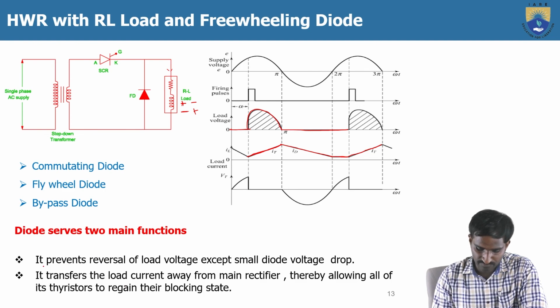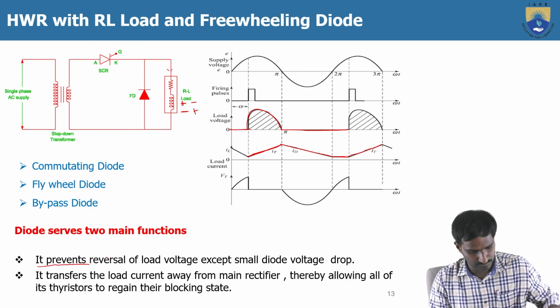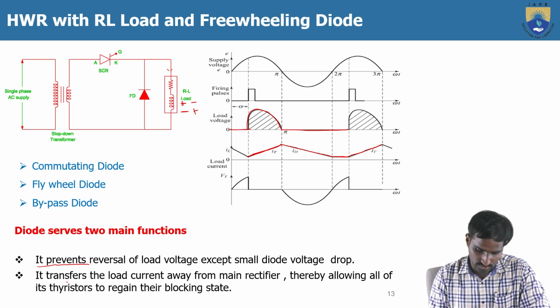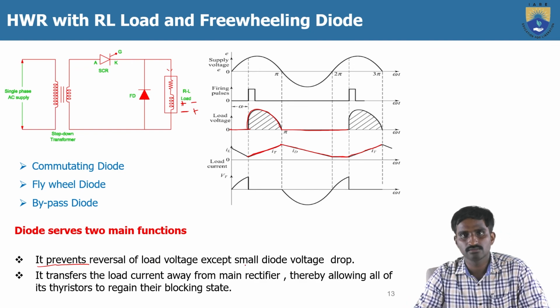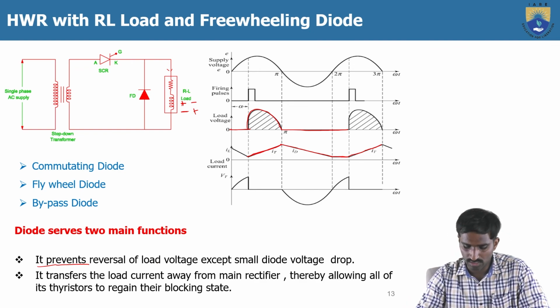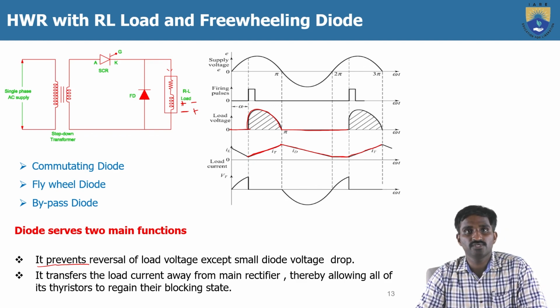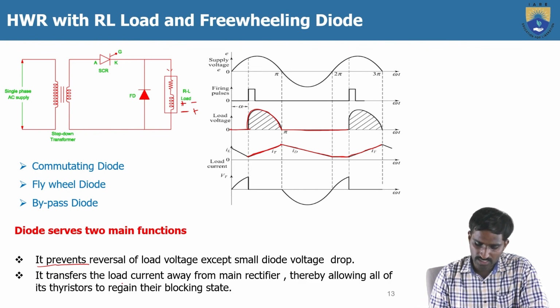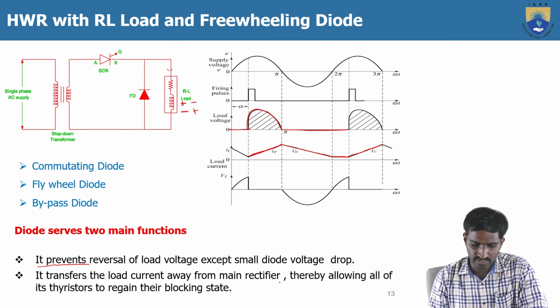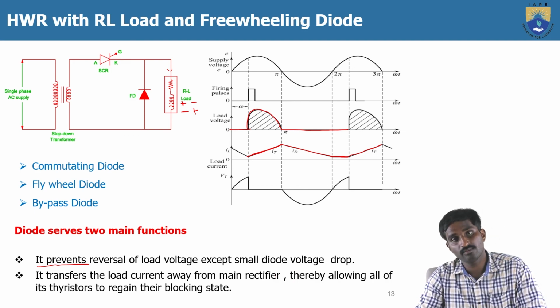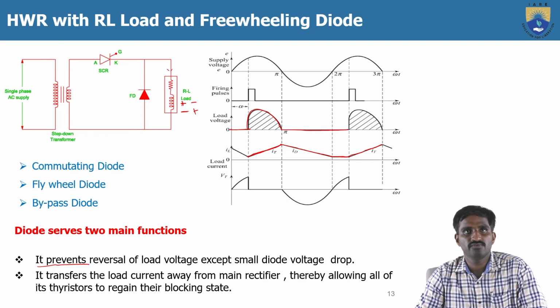This function is the same as in the previous case: it prevents reversal of load voltage, except for some small diode voltage drop. These are the two main functions of the freewheeling diode, and it also transfers the load current away from the main rectifier, thereby allowing all of its thyristors to regain their blocking state.